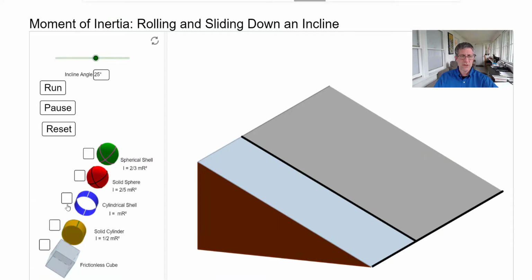So if I pull up a simulation, there is an effect that this has. If I set a hoop and a disc at the top, even if they have the same mass and the same radius, and I let them roll to the bottom, the disc is easier to get to rotate, so it gets to the bottom first.